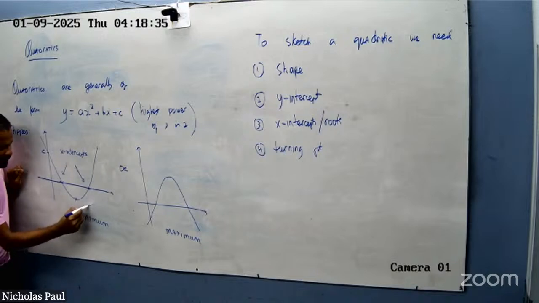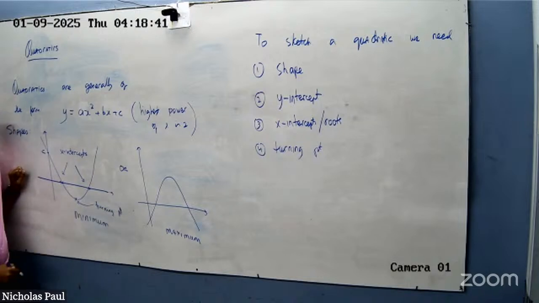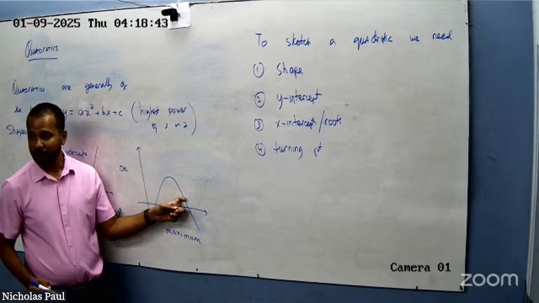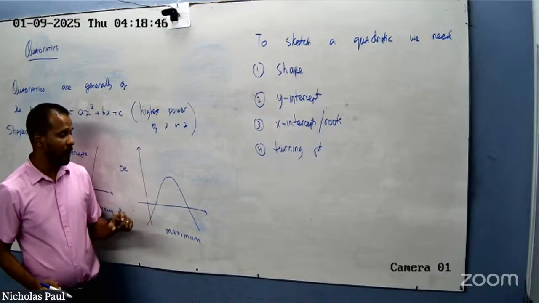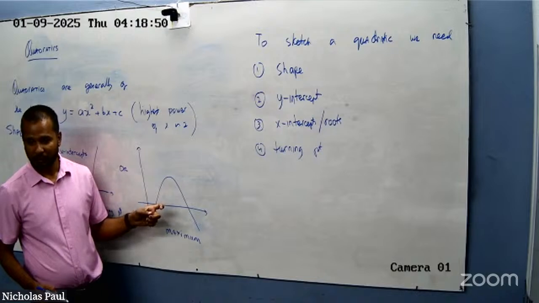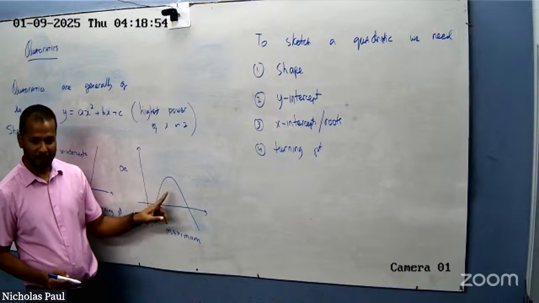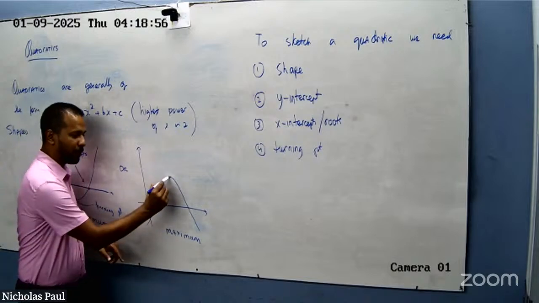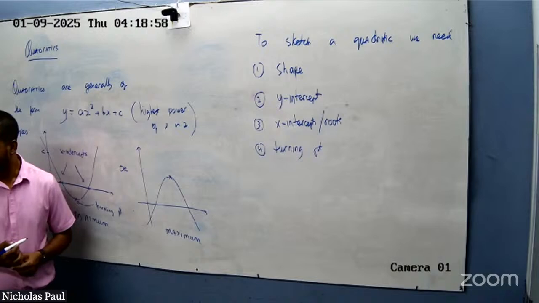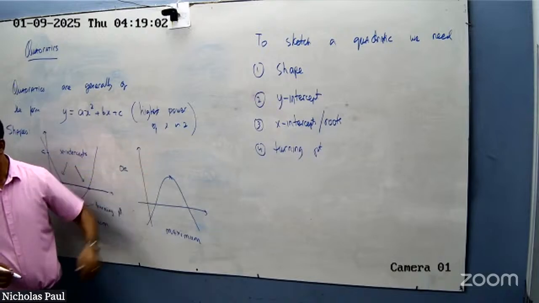Can you see the turning point here? So your turning point is here. Those are the 4 things we need, and we're going to find them now. Copy them down.